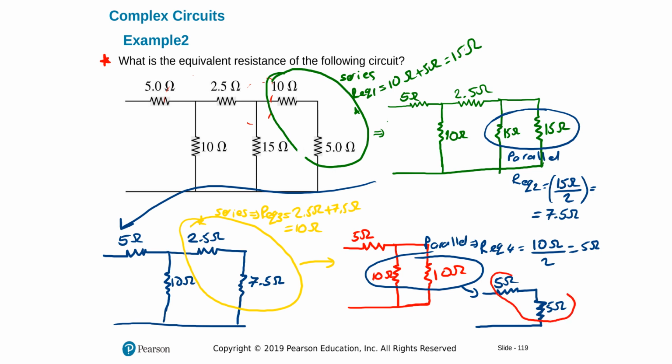And that will give me my R equivalent. 5 ohms plus 5 ohms, 10 ohms. I got my total R equivalent now. 10 ohms is the answer.